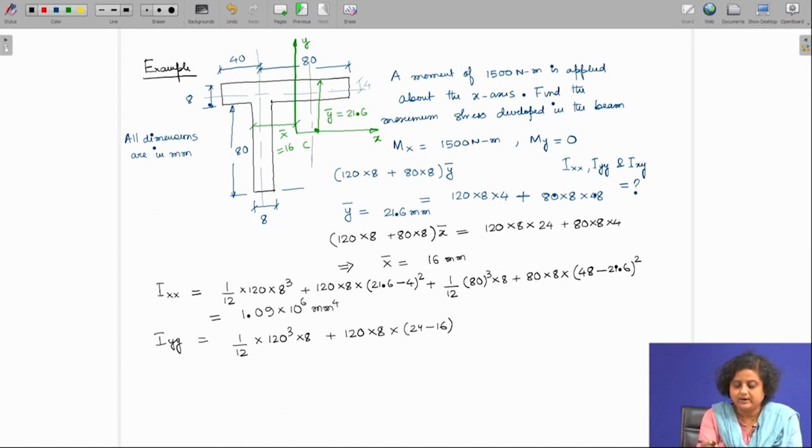So 124 is the distance between this and this axis, and then we do it as minus 16. So that into that whole square, plus we have 1/12 into 80 into 8 whole cube plus 80 into 8 into the distance, which is 16 minus 4 whole square.